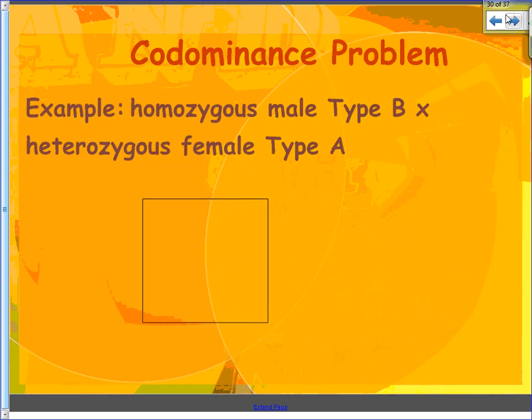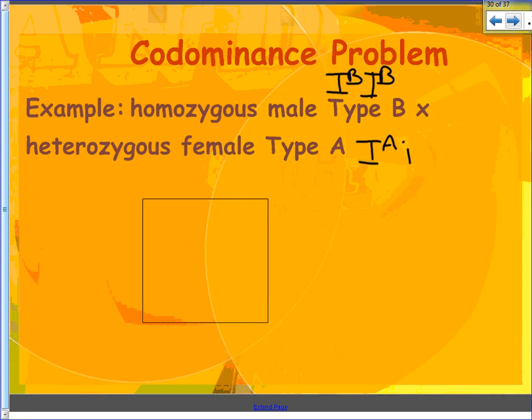When we deal with codominant problems, we have to set it up using the I's as our primary and using superscripts for our actual trait. So if we have a homozygous male type B, his genotype, because he's homozygous, will be IB IB. If we have a heterozygous female that's type A, she will be IA, little i.